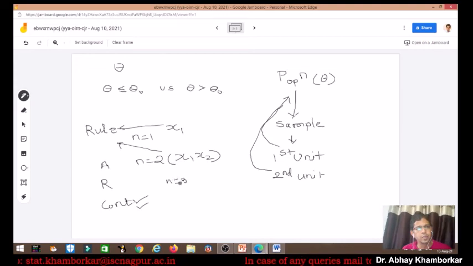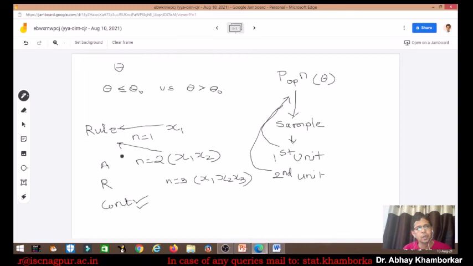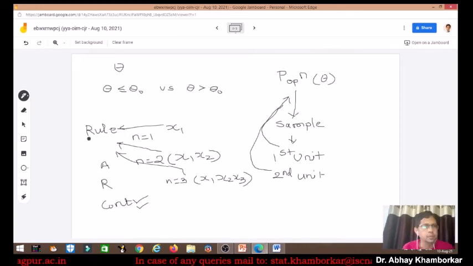That means n will now be equal to 3, and x1, x2 and x3 will be the sampling units. Again the rule will be tested, and on the basis of that rule we will either accept the hypothesis, reject the hypothesis, or continue the sampling procedure.